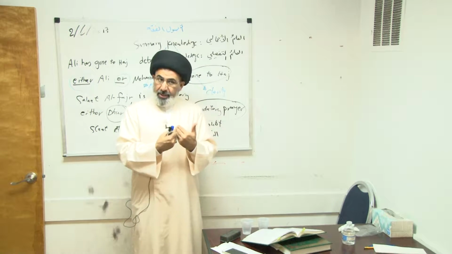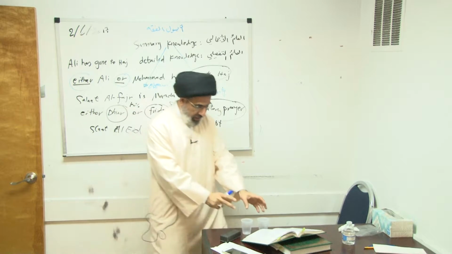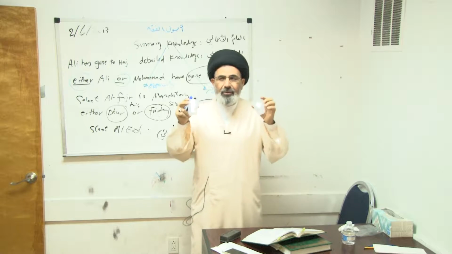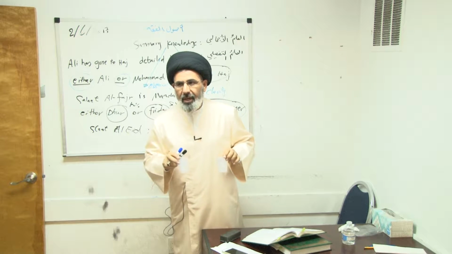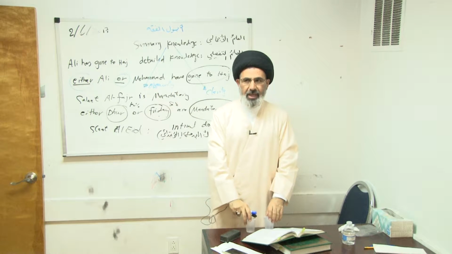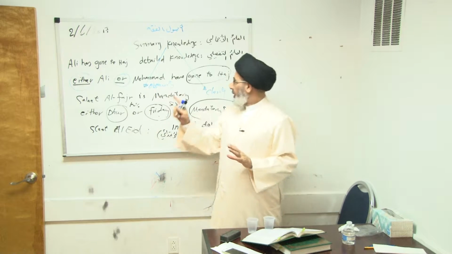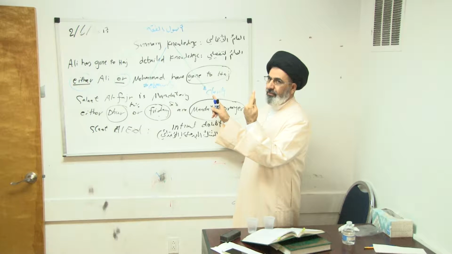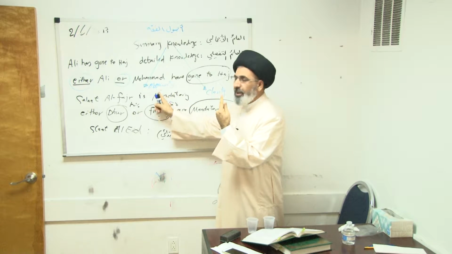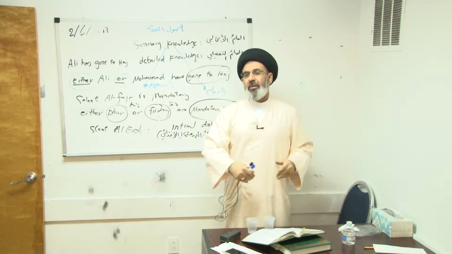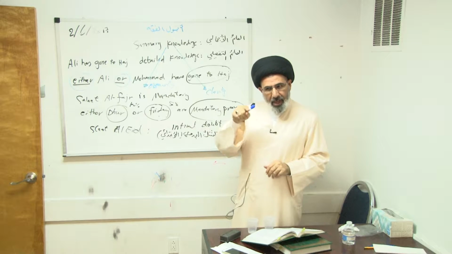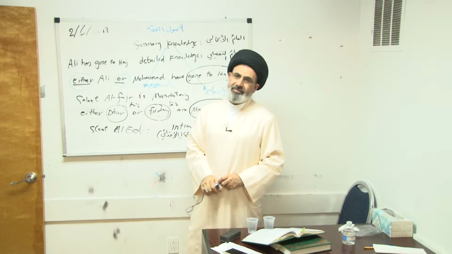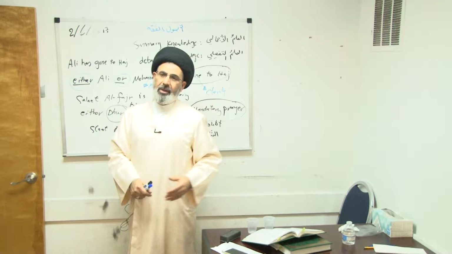So am I permitted to apply bara'ah, exemption, and drink both of them? No, I can't. Here I have to apply what? Ihtiyat. Because this is summary knowledge. I know the clarity part of it is that one of them is najis. The ambiguity is I don't know which one of them. So in this case, I have to apply ihtiyat and stay away from both of them, because it could be this one, it could be that one.